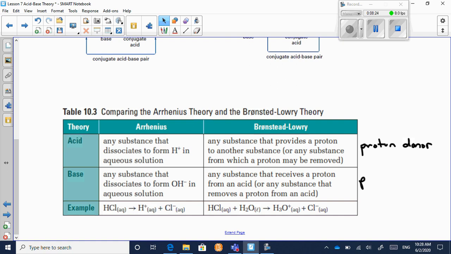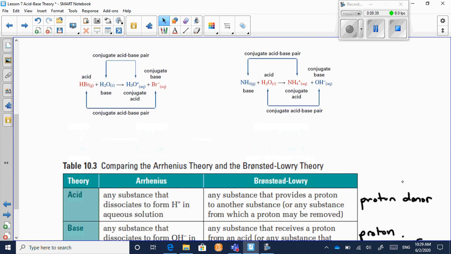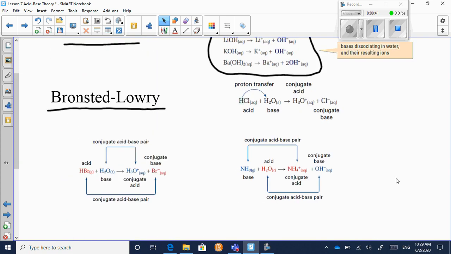So, a proton receiver. And so Bronsted and Lowry cleaned it up a little bit and said it's not about the hydrogen ion forming, or the OH ion forming.